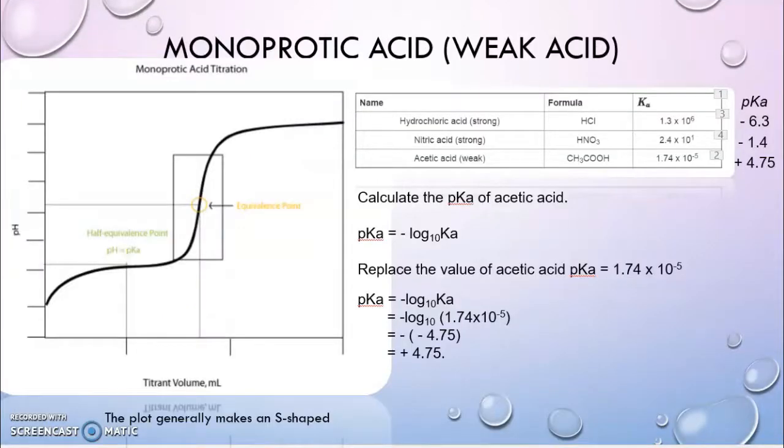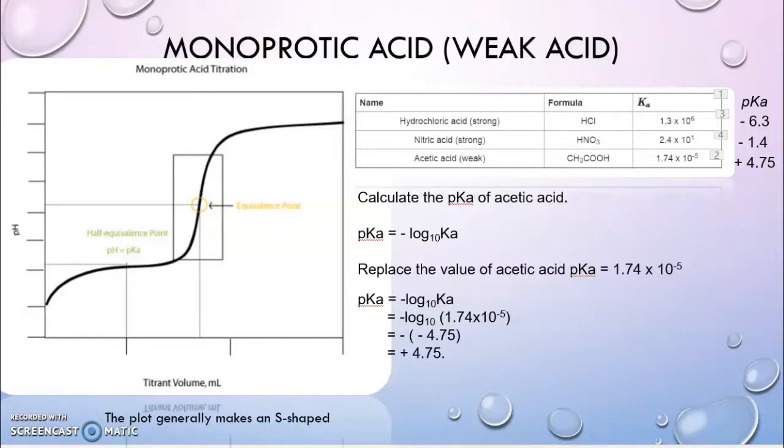Okay, now we look at pKa. What is meant by pKa? The pKa of an acid is determined by its relative strength, or its degree of dissociation in water to produce hydrogen ions or hydronium ions.